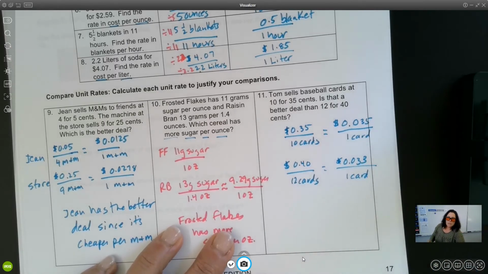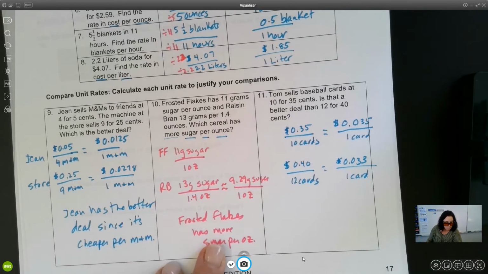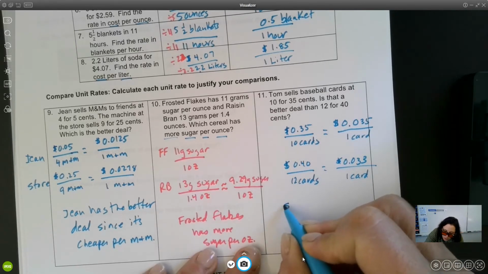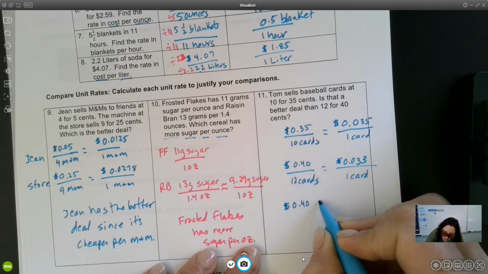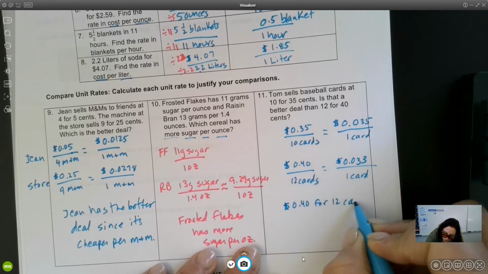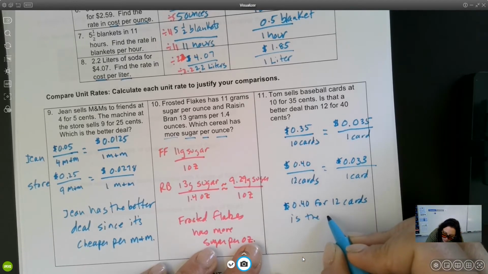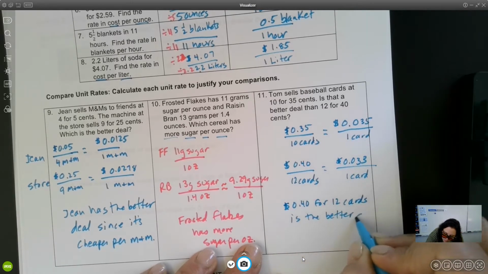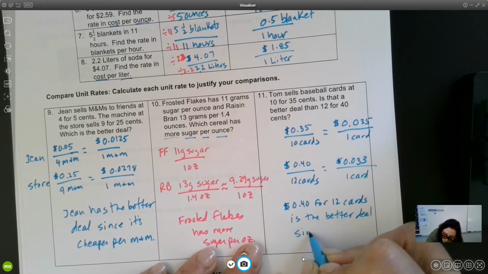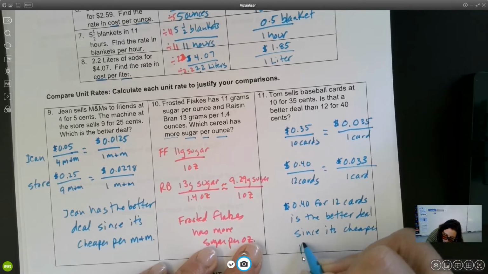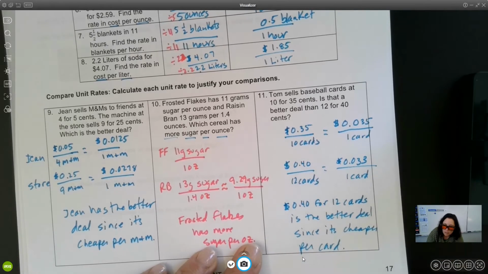So the better deal is going to be paying 40 cents for 12 cards because it's cheaper per card. That's your reason. So 40 cents for 12 cards is the better deal since it's cheaper per card.